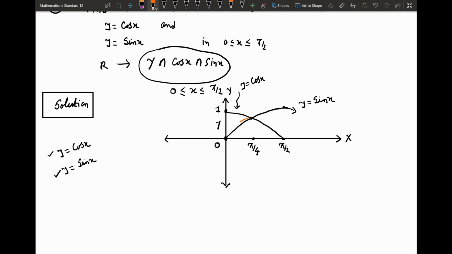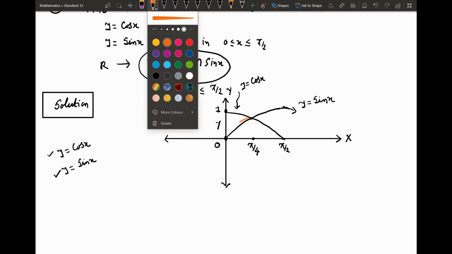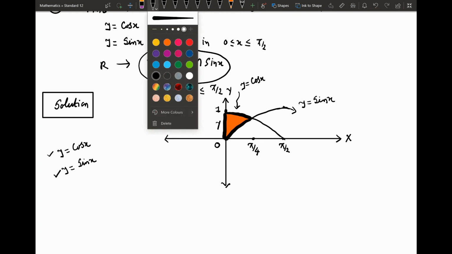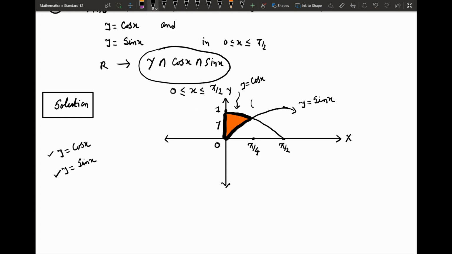So we have to find area of this portion. This is y axis, this is y equal to cos x, this is y equal to sin x, and coordinates of point of intersection, here x equal to pi by 4, then y will be 1 upon root 2.